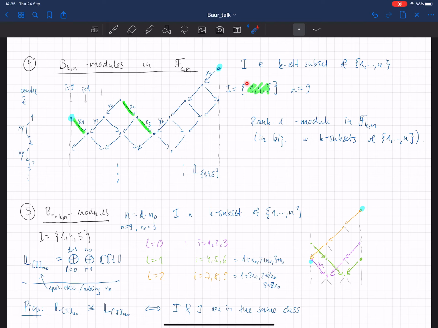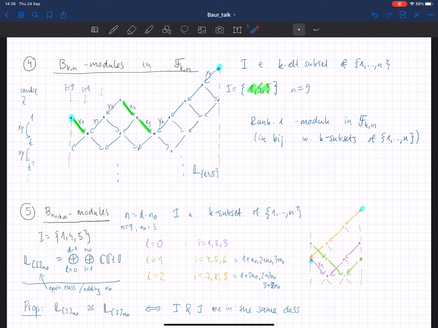And for {1, 4, 5}, I want that x1 keeps the constant factor, x4 keeps the degree, x4 and x5, and then the y's, which are complementary to it, also keep the degree. And if I have x2, it will send me from a 1 to a t.